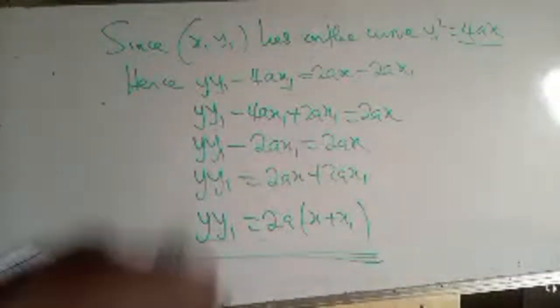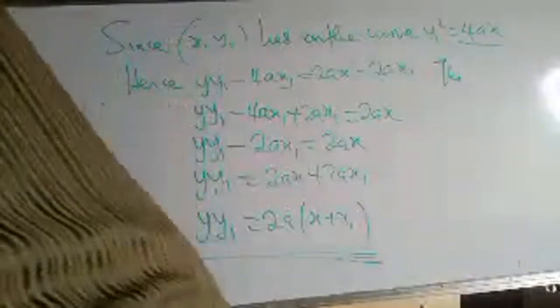So the equation of the normal, this is the equation of the tangent. Since we have gotten the equation of the tangent to be this, let's find the equation of the normal. Now, equation of the tangent is y minus y1 is equals to 2a over y1 into x minus x1.